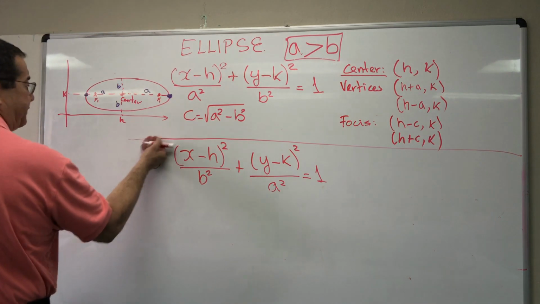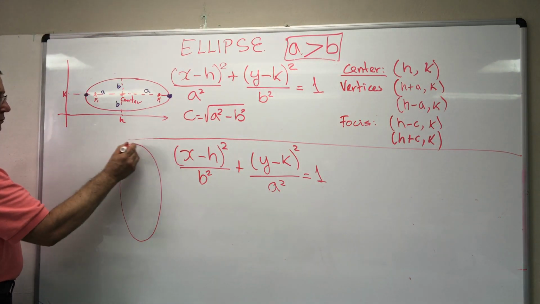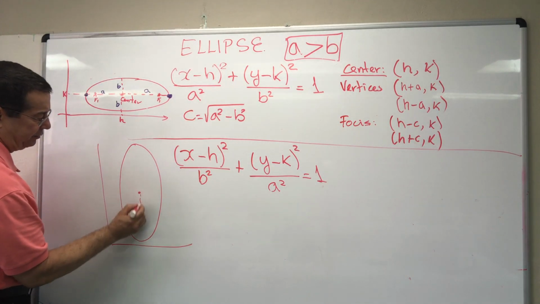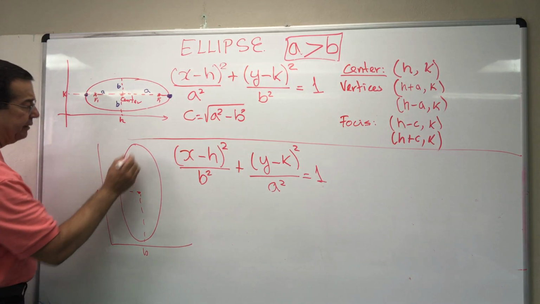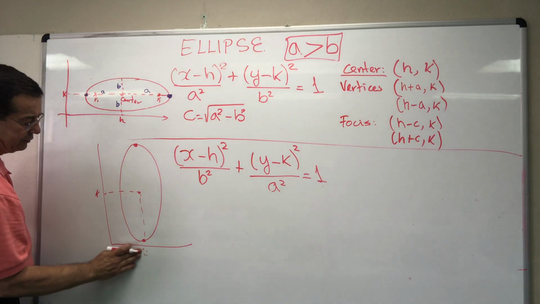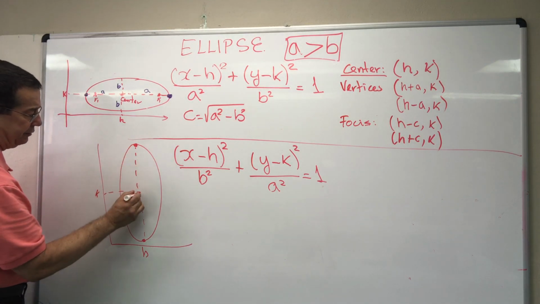What happens when this is vertical? Vertical, like this. This is the center, (h, k). This is one vertex, and this is another vertex. You see, the value of h here doesn't change.